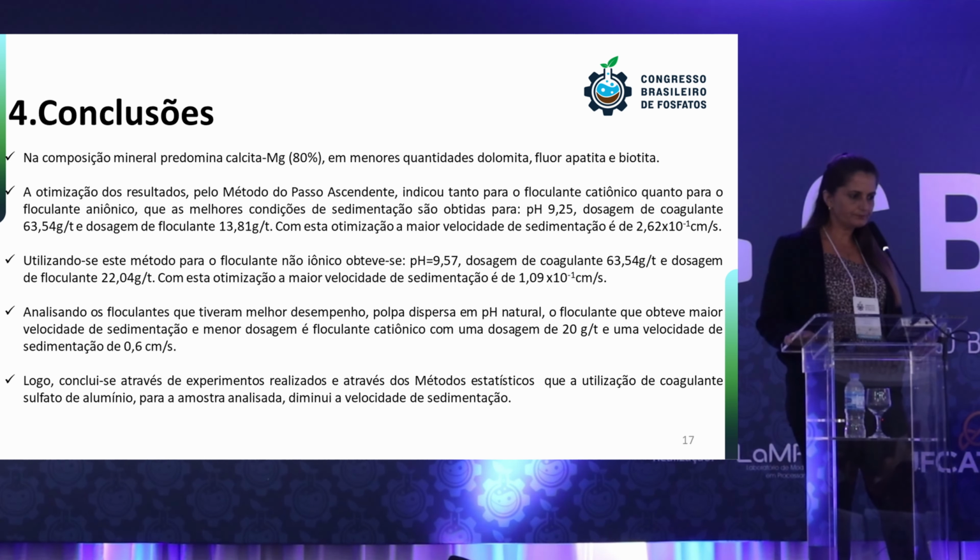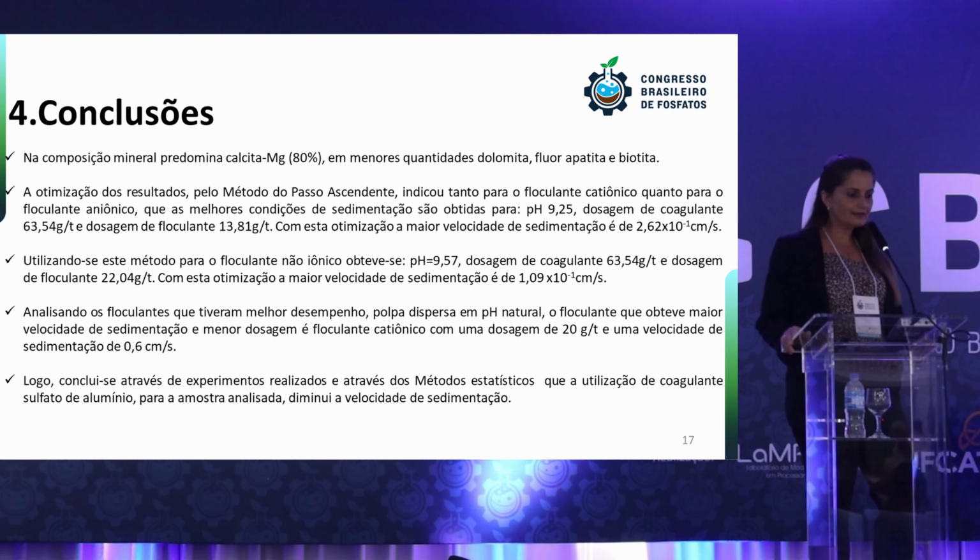And the highest speed was 1.09 times 10 to the minus 1 centimeters per second. And so, analyzing the flocculants that had the best performance, the dispersed pulp had a natural pH, and the flocculant obtained the highest sedimentation speed.